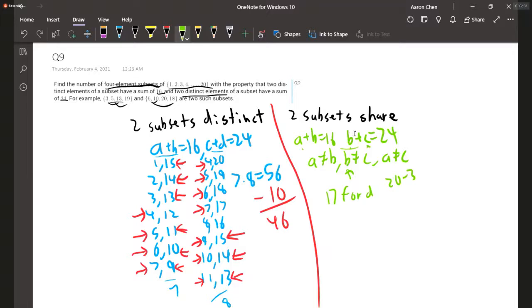Now for B, you can have B equals 16? No, B cannot equal 16, otherwise A is equal to 0, but there is no 0. So 15, 14, 13, 12, 11, 10, 9, 8, 7, 6, and then 5, and then 4.